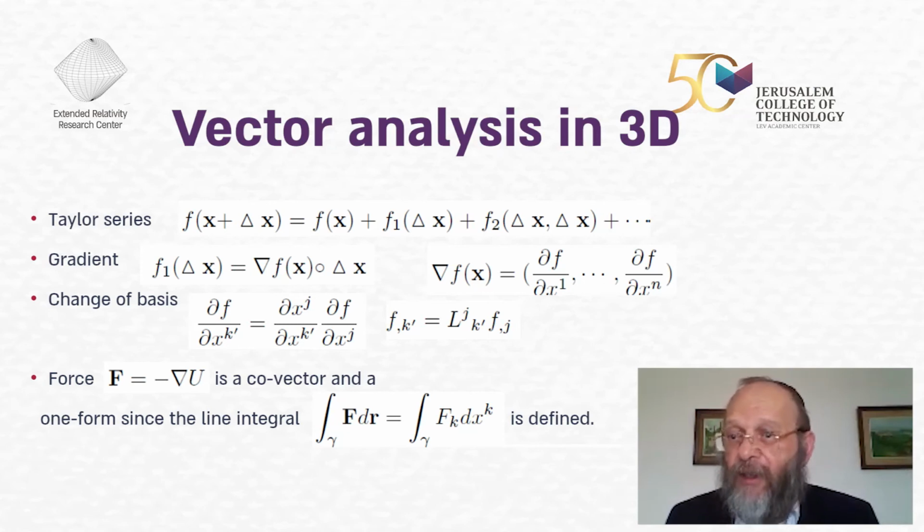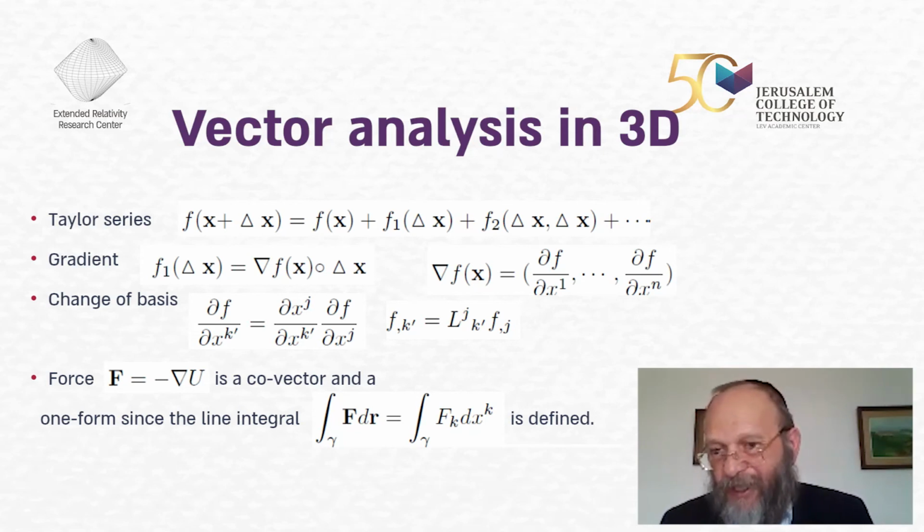And therefore work is F dr. A covector can be multiplied by displacement, which is a vector. They are contracted. They give you a number, the work. So this gives the justification of why the work is independent of the choice of basis, because F transforms as a covector, displacement as a vector, and the application of one on the other is independent of the basis.